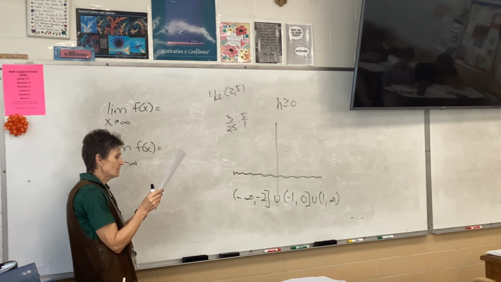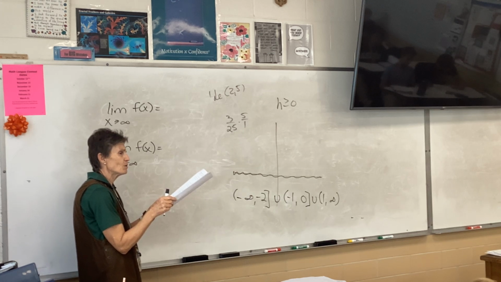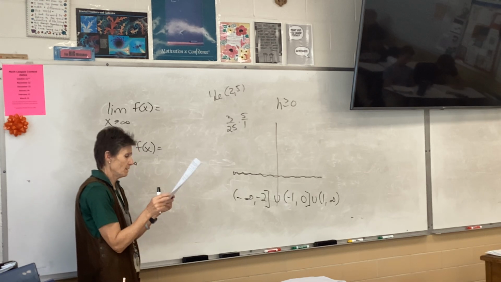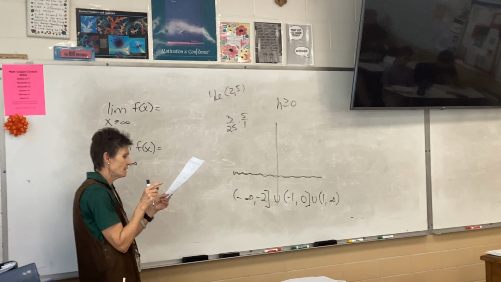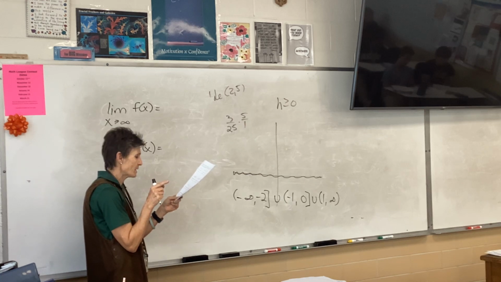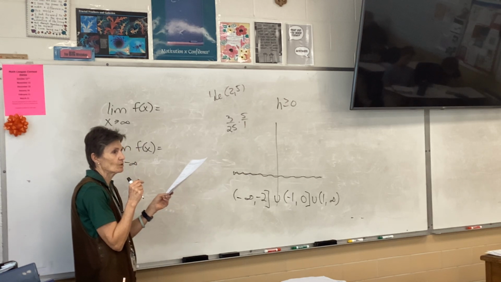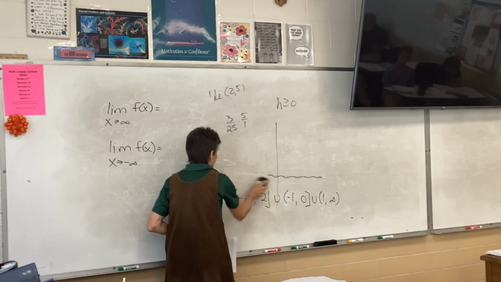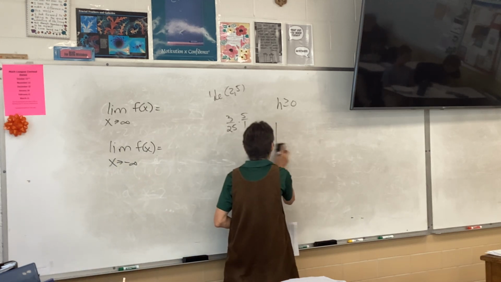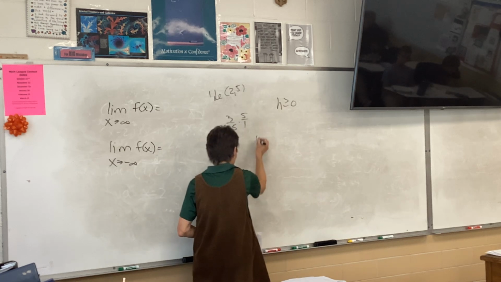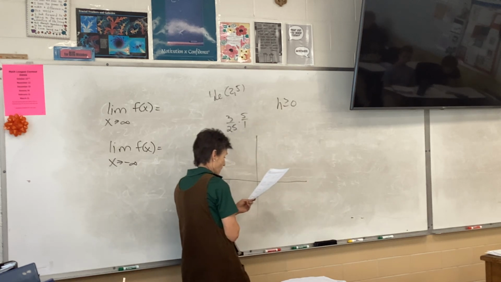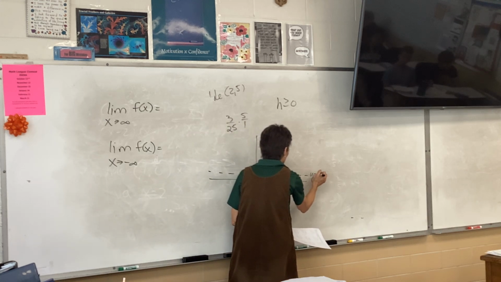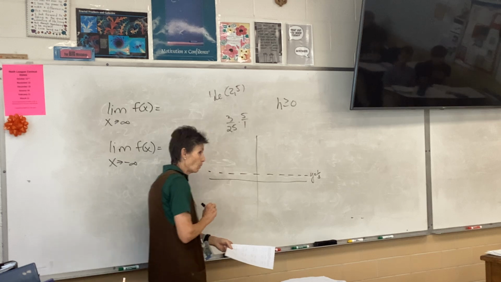tell me about the end behavior asymptote of this problem. It's a 2x cubed, I'm doing number 10, right? It's a 2x cubed over a 6x cubed. So whatever this problem looks like, it has a horizontal asymptote. Where? At 1/3. Now what does that mean?